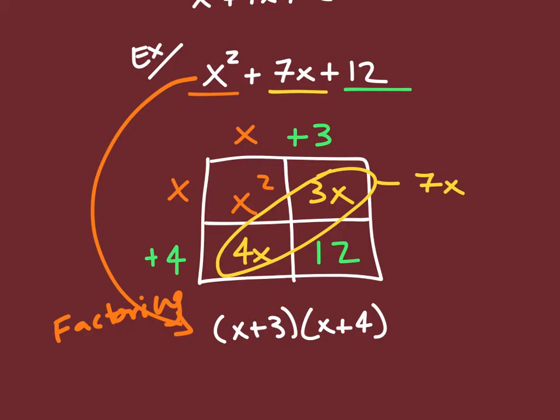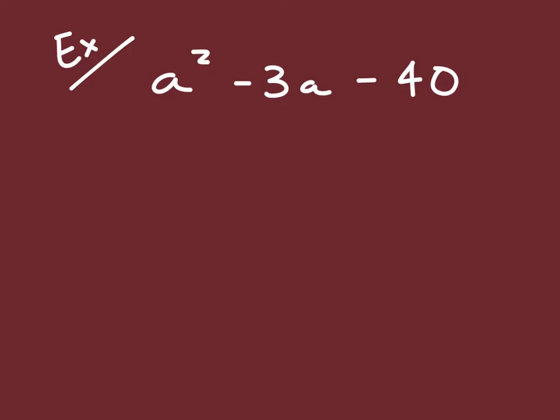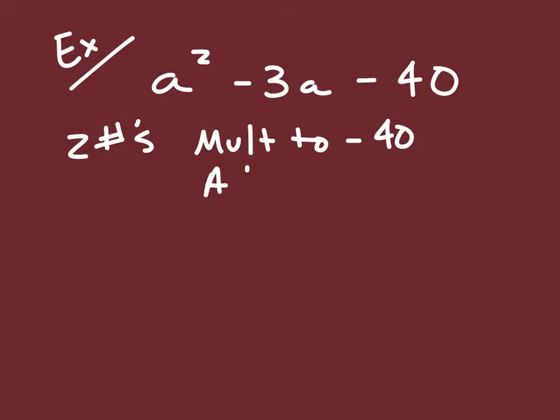That's the idea. All right, the next example that I want to do is factor this trinomial, a squared minus 3a minus 40. What we want to do is answer the question: what are two numbers that multiply to negative 40 but add to negative 3?